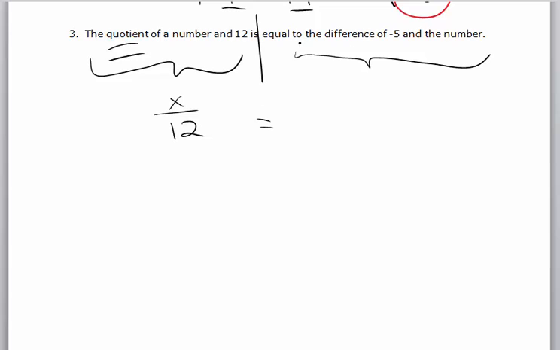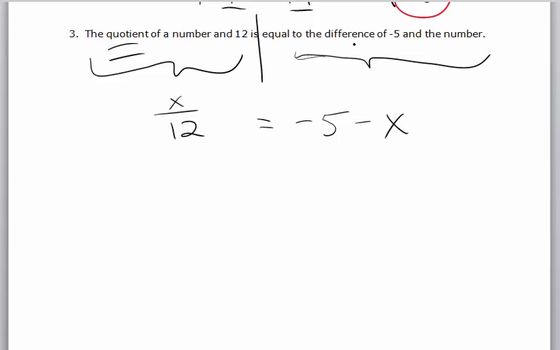Quotient of a number and 12 equal to the difference of negative 5 and the number. The difference of negative 5 and the number would look like that. Okay, so we're always interested in what order we put the expression in, the 5 first or the x first.